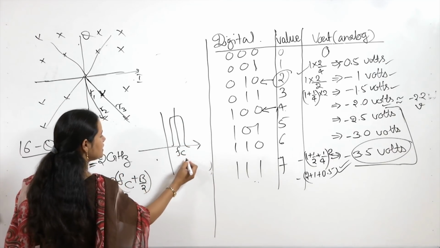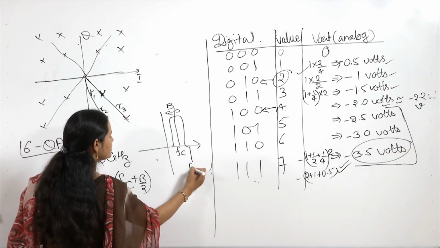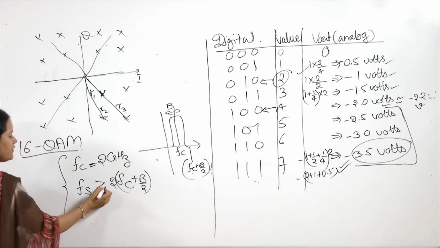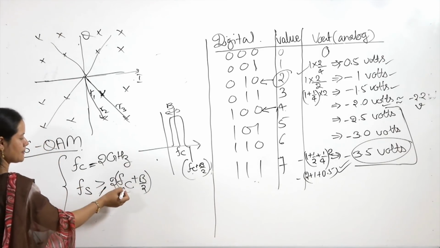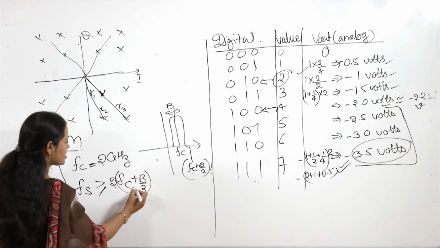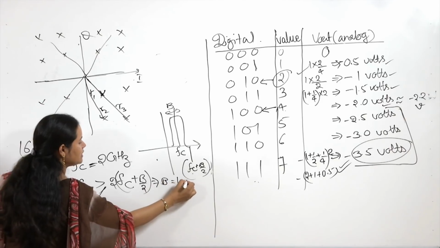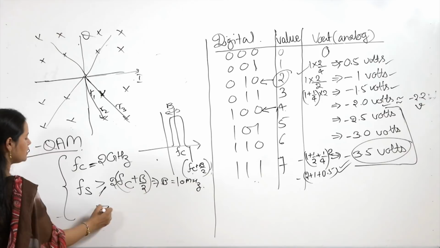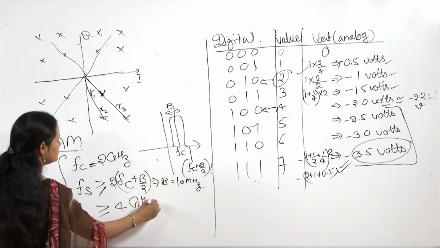So if this is the FC and this is the bandwidth, theoretically for the Nyquist calculation, this will be the highest frequency. So Fs should be greater than this one. Now if FC is 2 GHz and bandwidth is 10 MHz, you can see from here it has to be easily more than 4 GHz, right?